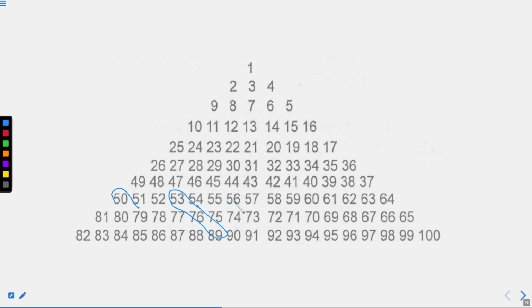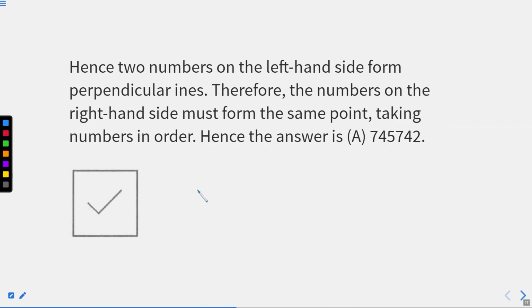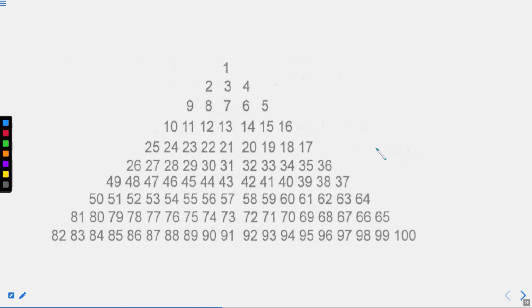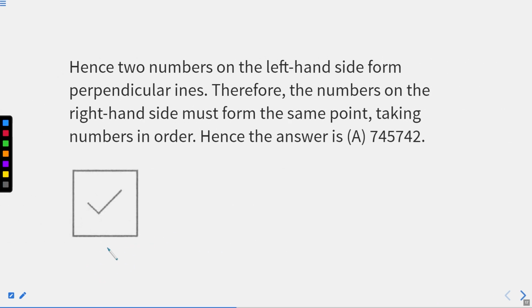Now what kind of number can we form here? Either it is starting from 74. We can check. Only one number is starting from 74, so definitely that number will be our answer, that is 745742. 745742. This will be our answer because here we have this. It becomes a right angle. So this is the answer.